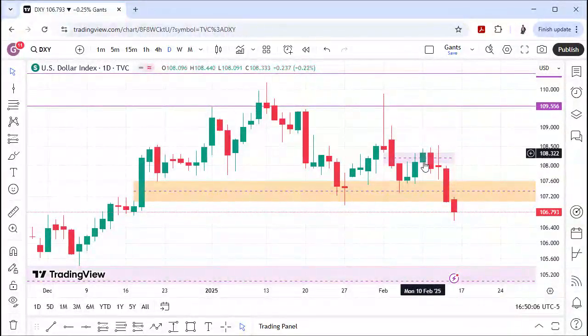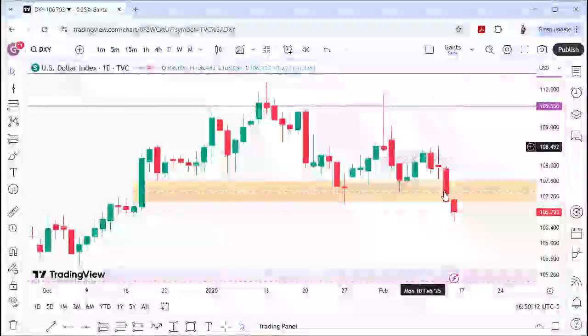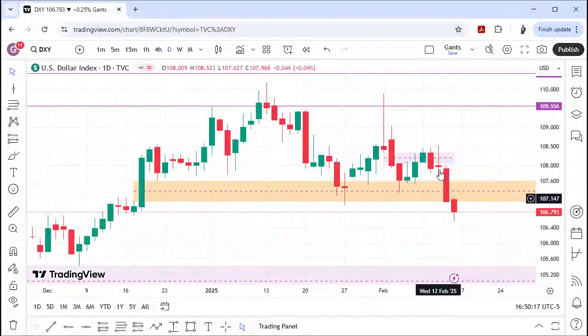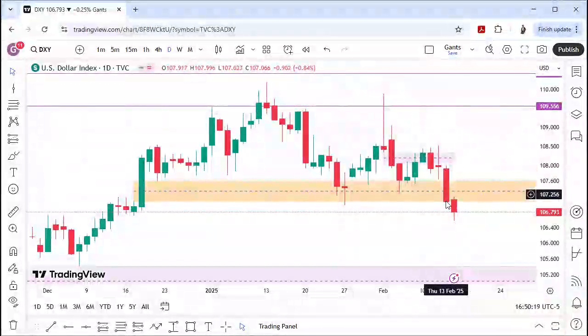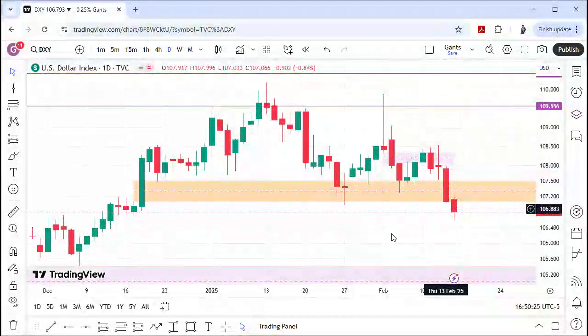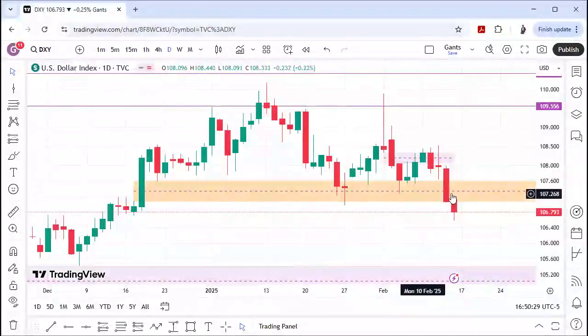So we had a Monday bullish movement. Tuesday took out Monday's high. Wednesday swept the relatively equal highs, and then it gave up the ghost, traded to the rejection block here, and then traded softly down. Then Thursday we had an explosive price move to the downside, and this is where we are at the moment. So we are bearish on the dollar index. I want to see price trade to that FVG.